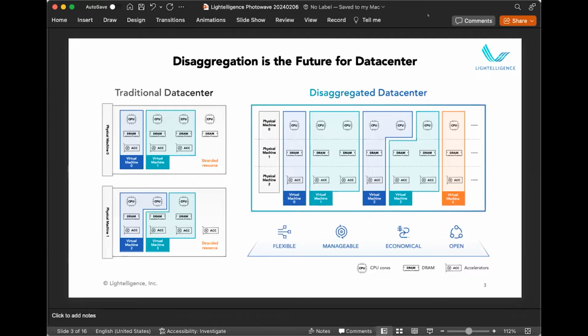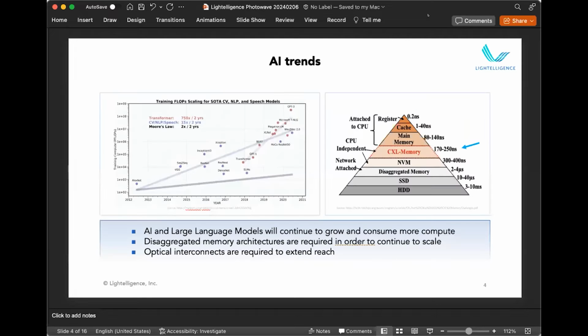There's a lot of effort going on into how to create these disaggregated data centers, but we believe that optical CXL will be needed. I think you've all seen these charts of just the AI trends. The models are getting larger and the need for memory bandwidth continues to grow. CXL, and specifically CXL memory listed in the chart on the right, is well poised to meet the latency requirements of these applications.